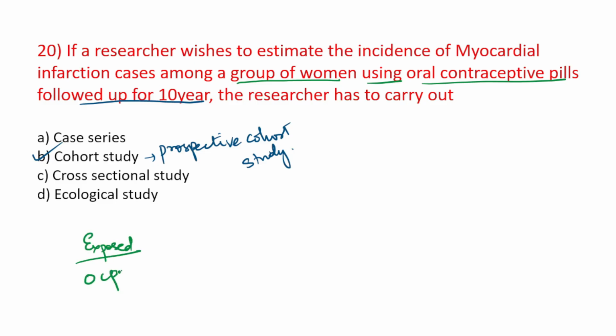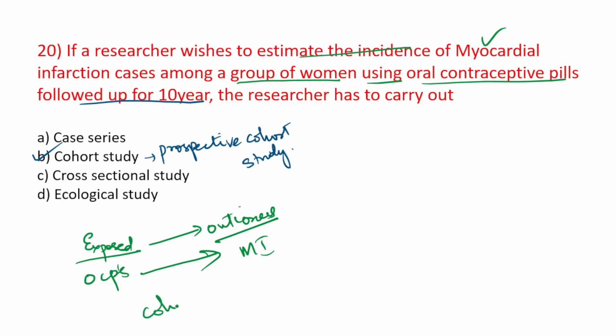Exposed to OC pills, and they are having a few outcomes. What are the outcomes? They are estimating the incidence of MI. So OC pills is the exposure, MI is the outcome. So from exposure to outcome, this comes under cohort study.